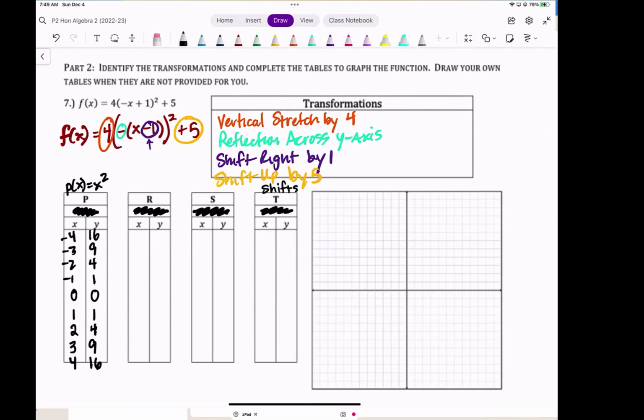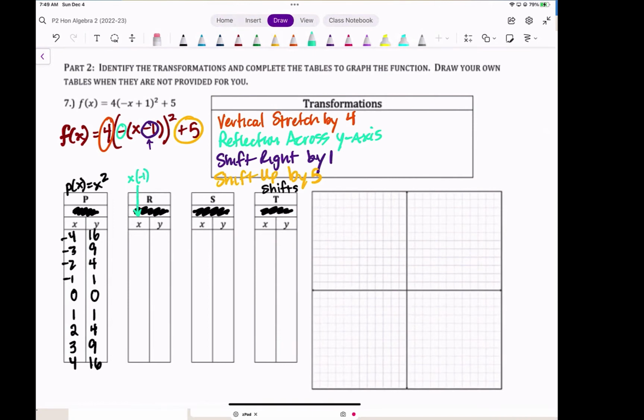And what we're going to do is identify what we need to do to the coordinates based on the transformations we already wrote out. So if the R in PRST, the second column, stands for reflection, we're going to reflect across the y-axis. Remember, that's a horizontal change. I'm going to multiply all the x coordinates by -1.